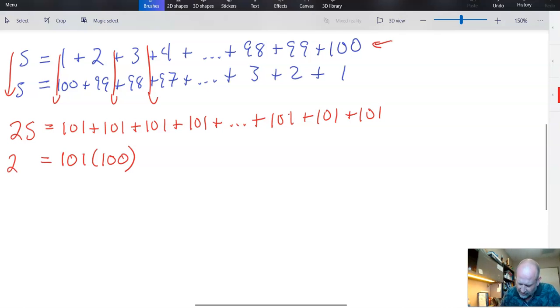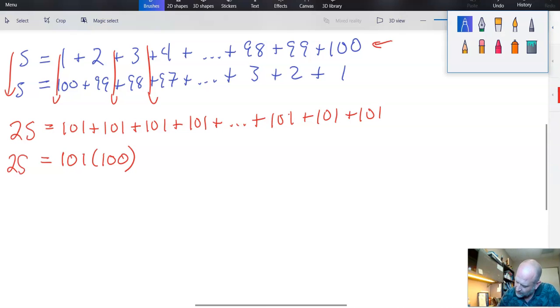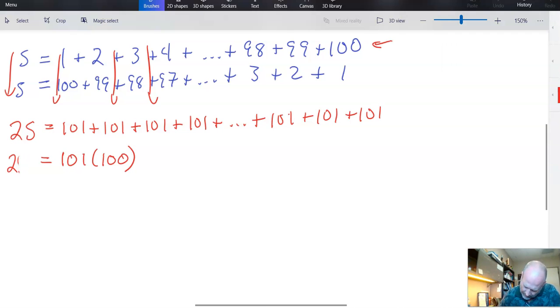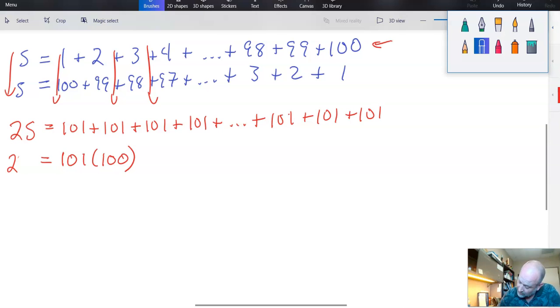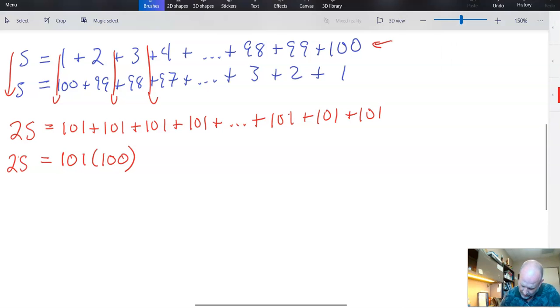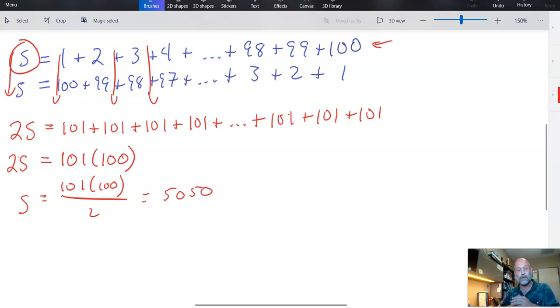And this is still times 2, right? So if I divide by 2, the sum, which is the number we're looking for in the first place, is equal to 101 times 100 over 2, which is equal to 5,050. Because it's basically 50 times 101. You can usually simplify this down real nice.